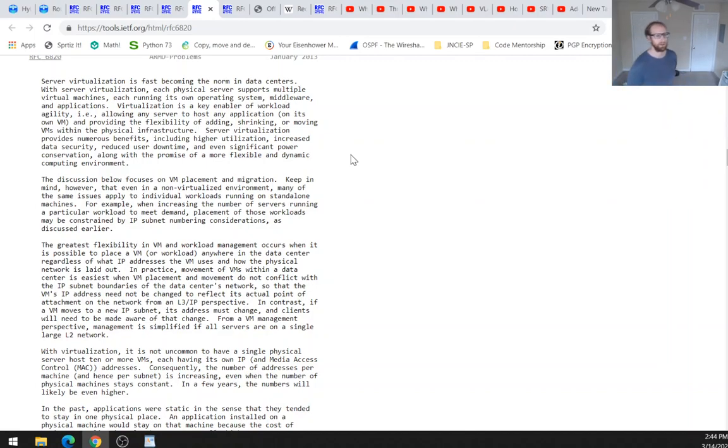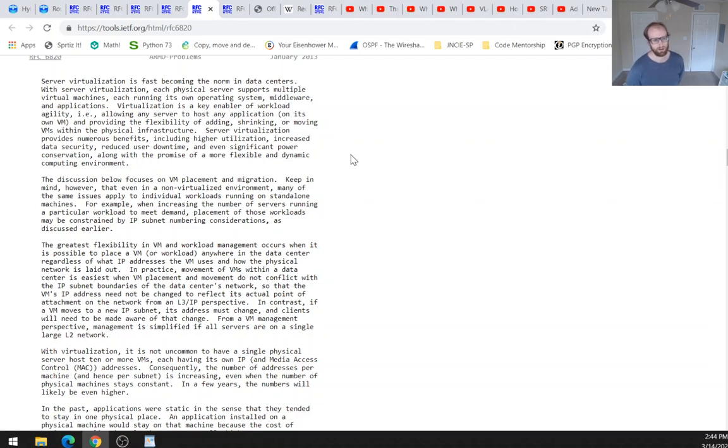The greatest flexibility in VM and workload management occurs when it is possible to place a VM or workload anywhere in the data center, regardless of what IP addresses the VM uses and how the physical network is laid out. In practice, movement of VMs within a data center is easiest when VM placement and movement do not conflict with the IP subnet boundaries of the data center's network, so that the VM's IP address need not be changed to reflect its actual point of attachment on the network from an L3/IP perspective.